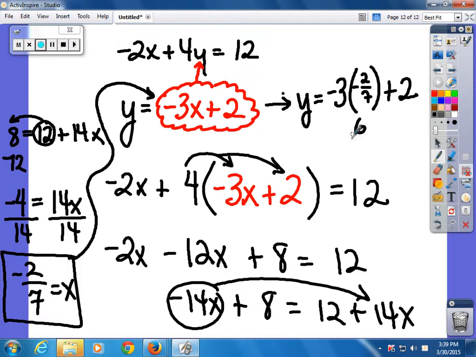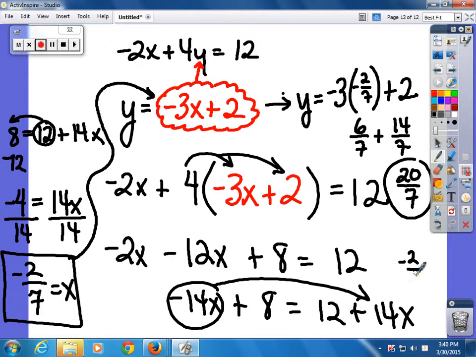And that's 6/7 plus 14/7 is what? 20/7. So our answer, these two lines cross at negative 2/7 and 20/7. And no, I'm not gonna answer the question where the 14/7 came from. I'm not gonna answer it.